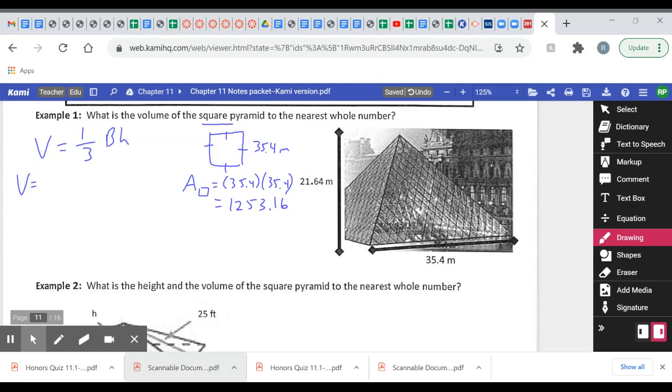So I can plug that into the formula. Don't forget about the 1/3. And then the height I can see is the right angle distance between the vertex and the base. And so that I can see in the picture is 21.64.